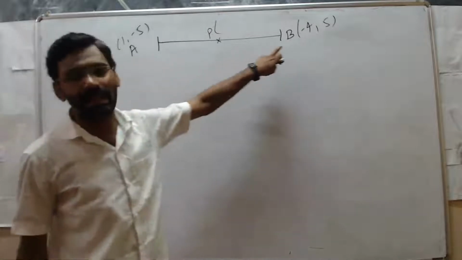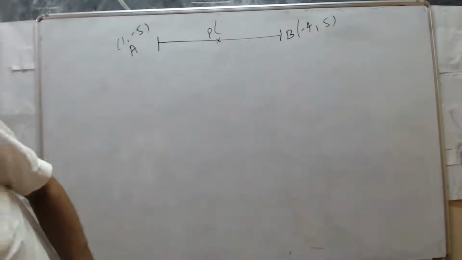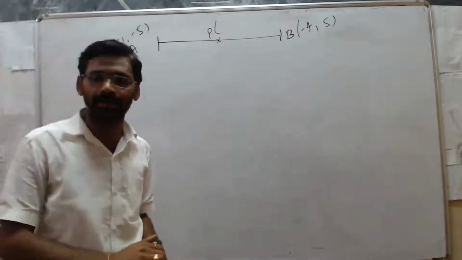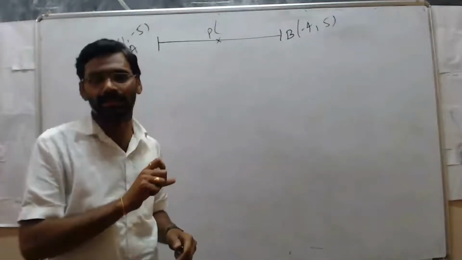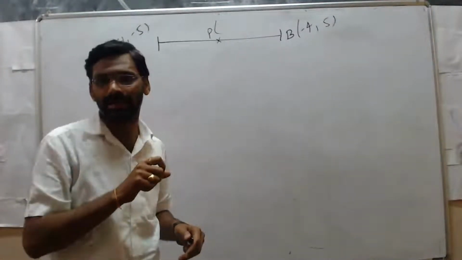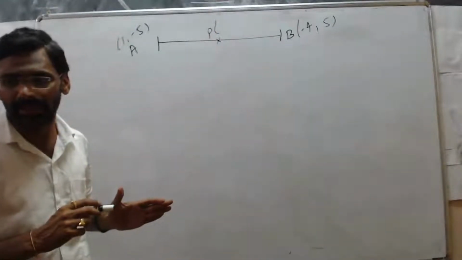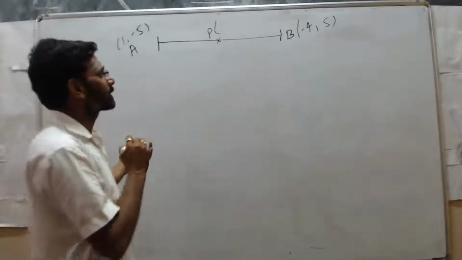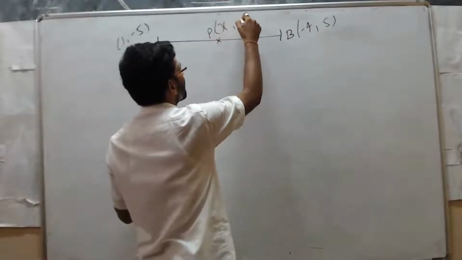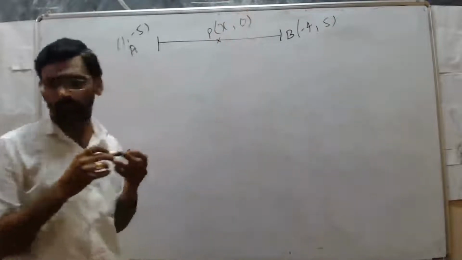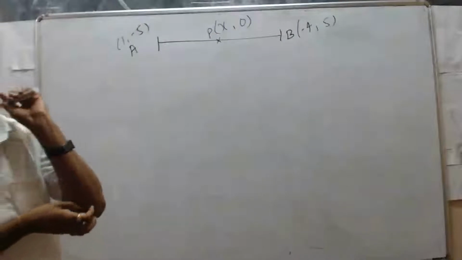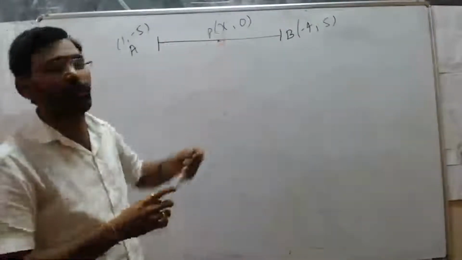Okay, A and B are the line segment. This line segment is divided by the x-axis. If the line segment is divided by the x-axis, then the coordinates of P are considered as x comma 0.